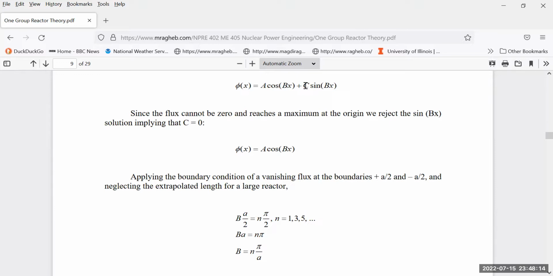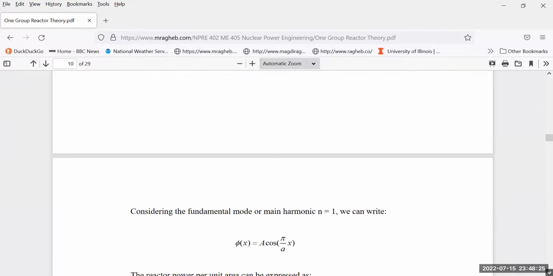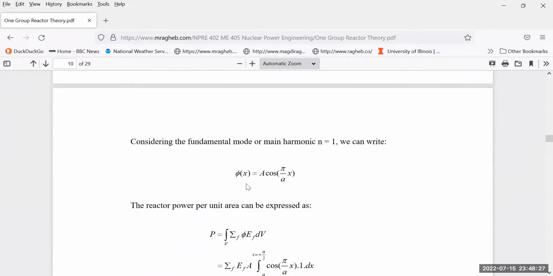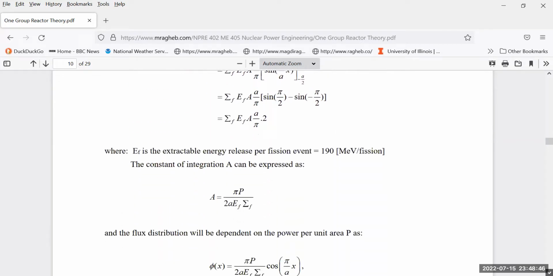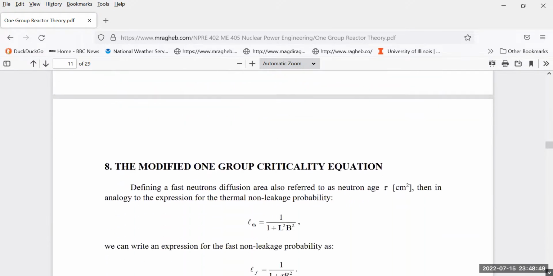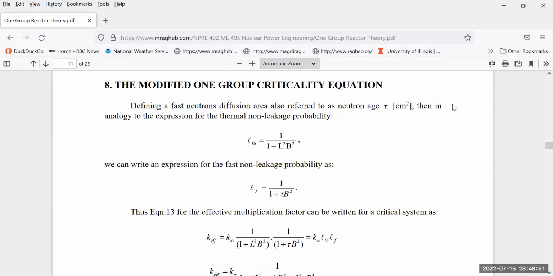So we drop the C, we say that the constant C is 0, and the distribution takes the shape A cosine Bx. We apply the same argument that the flux vanishes at the extrapolated boundary, and you get for the flux A cosine of pi over a times x. And the buckling in that case would be pi over a, squared, whereas in our case it is pi divided by the extrapolated radius, squared. Obviously, it's just a simple approach, but it doesn't apply to realistic situations.